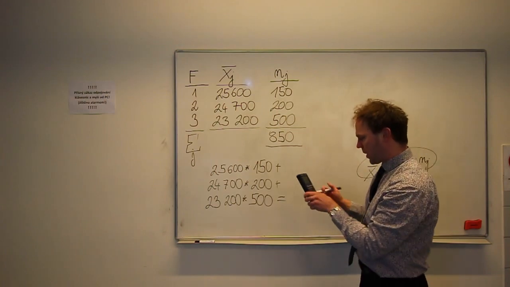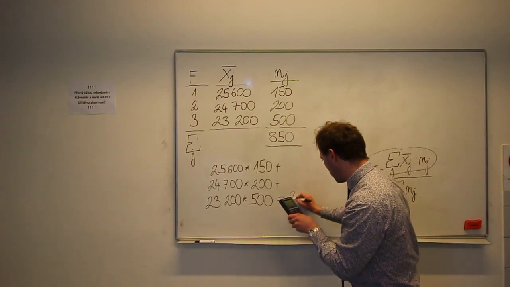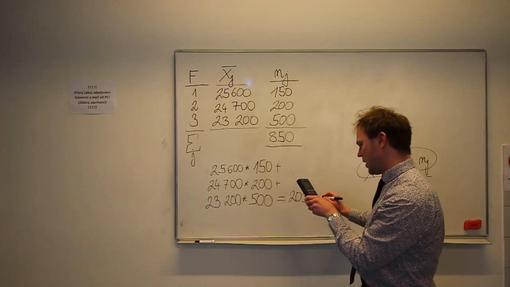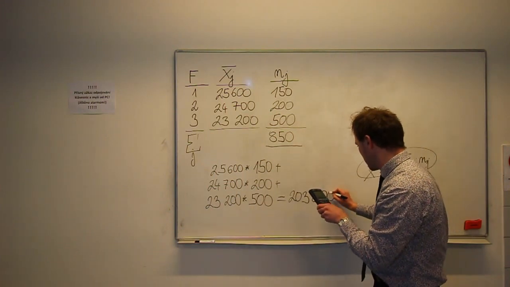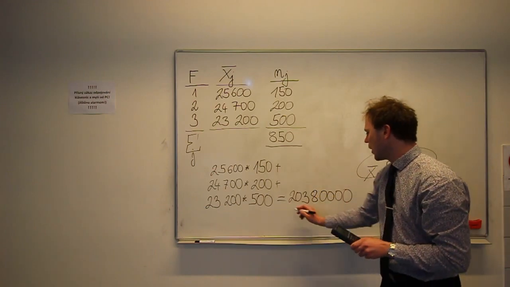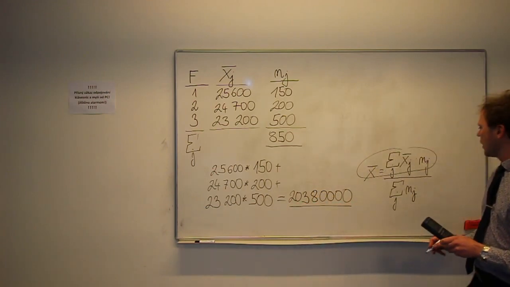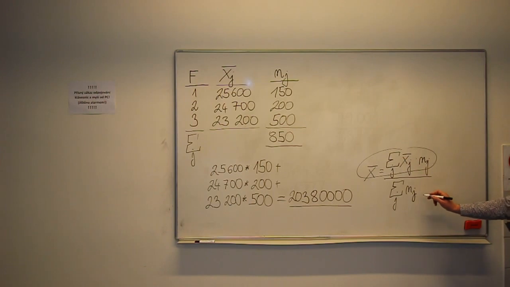So the numerator is 203,800,000, and the denominator is 850 employees in total.